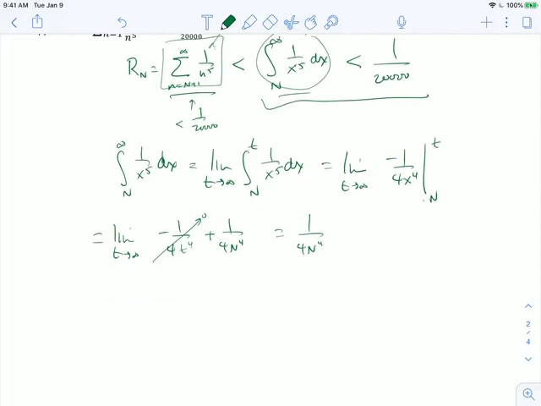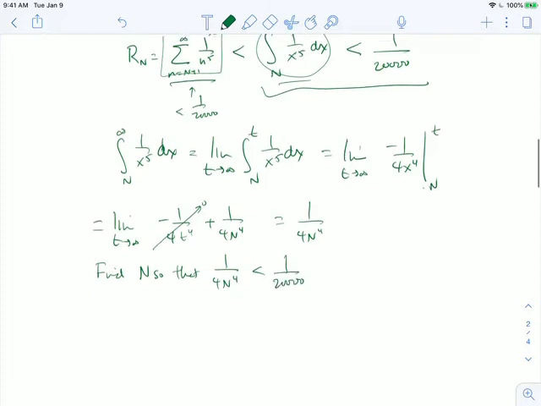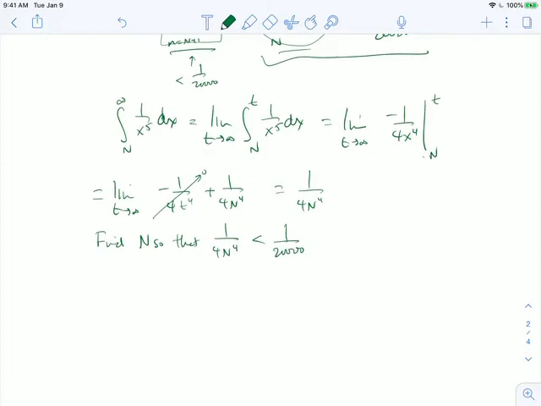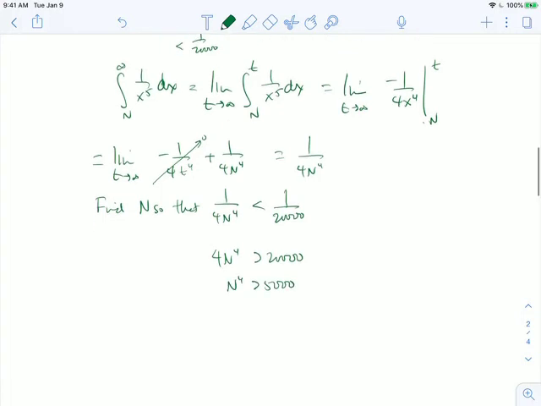And so we want to find n so that 1 over 4 n to the fourth is less than 1 over 20,000. Well, if I just take reciprocals, I change the direction of the inequality. So that means that 4 n to the fourth is bigger than 20,000. If I divide by 4, I get that n to the fourth is bigger than 5,000.